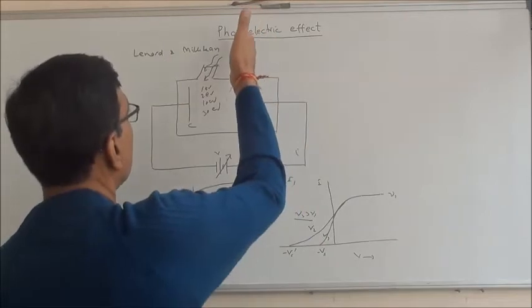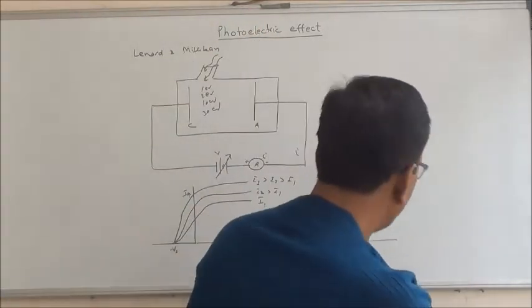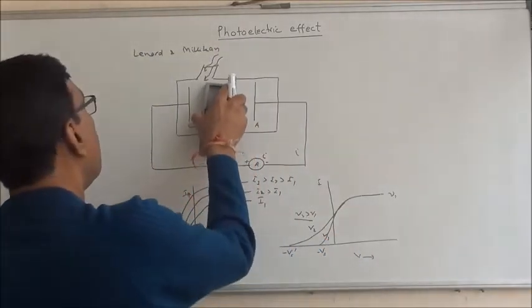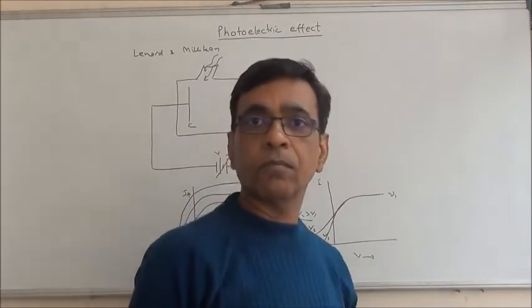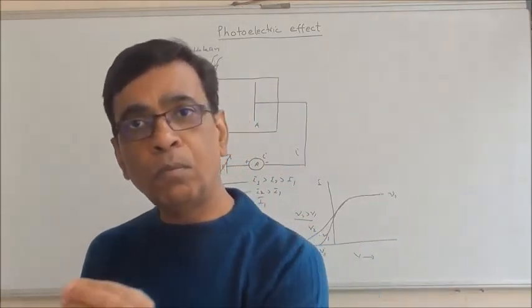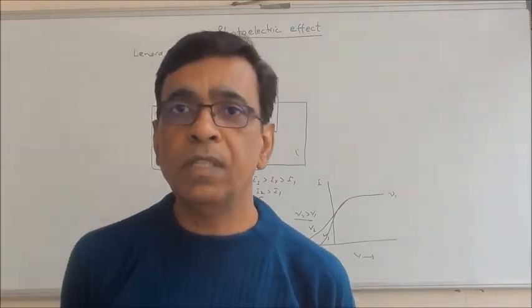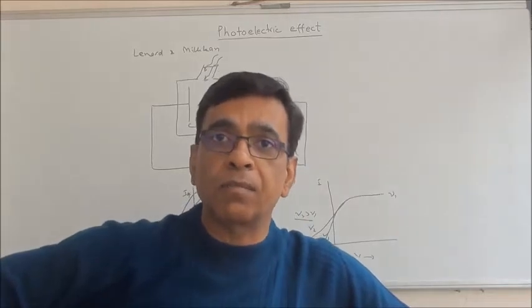So what is happening? The radiation is coming, it's in the form of a wavefront, striking this surface. Now whenever a wavefront interacts with the surface, the energy is transferred from the wave to the surface, and this is never instantaneous.